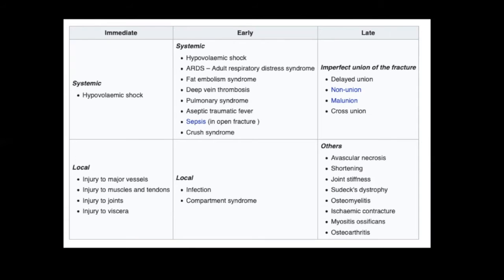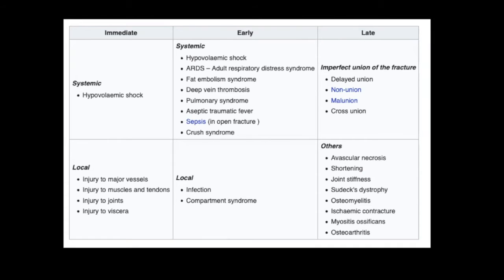There are some specific complications that could occur just in some specific areas. For example, avascular necrosis could occur in case of fracture of the humeral head or femoral head, and shortening of extremity. Intra-articular fractures often lead to joint stiffness. A fracture that is close to nerves could lead to Sudeck dystrophy.